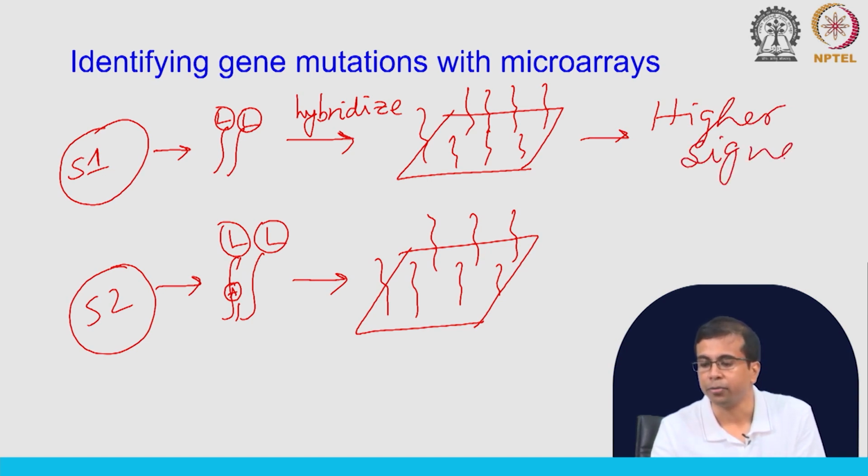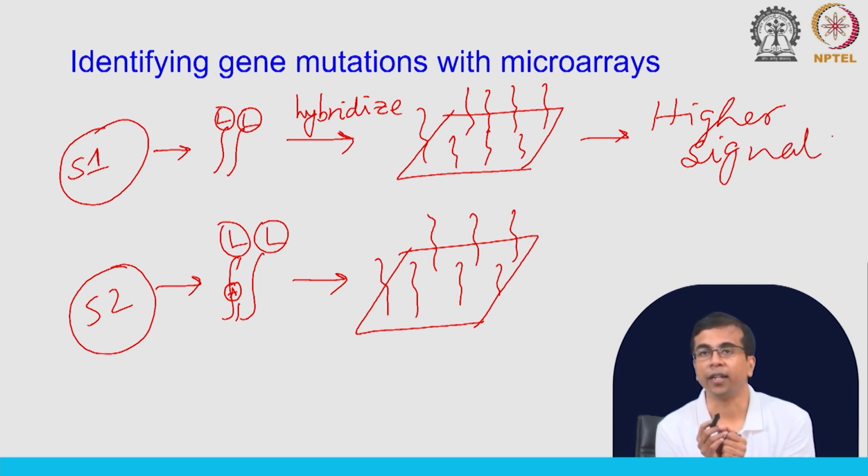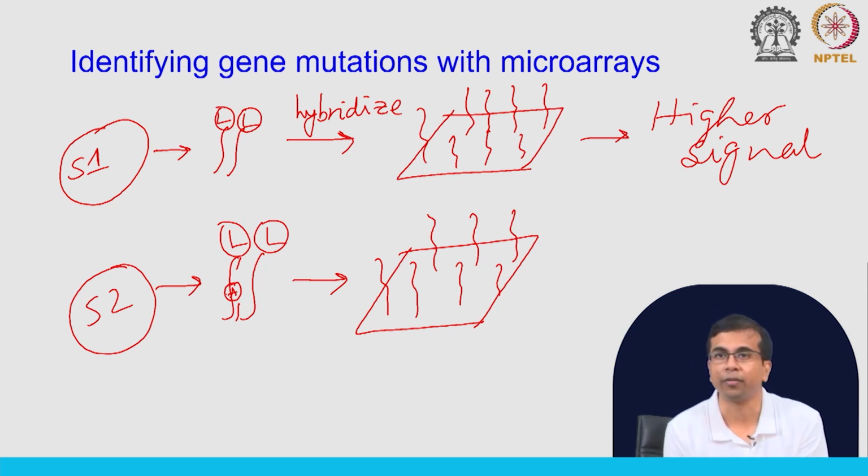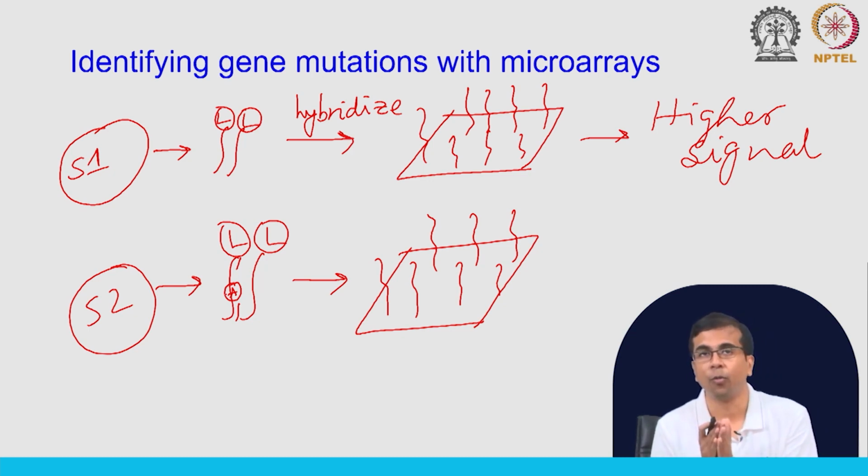Now, you can also do something else. In these arrays, when you are designing this DNA probe, you can guess that maybe we will see this mutation, and design probes that are complementary against this mutation. So, in the array you have both types of probes, one complementary to the wild type sequence and the other set of probes that are complementary to a mutant sequence.